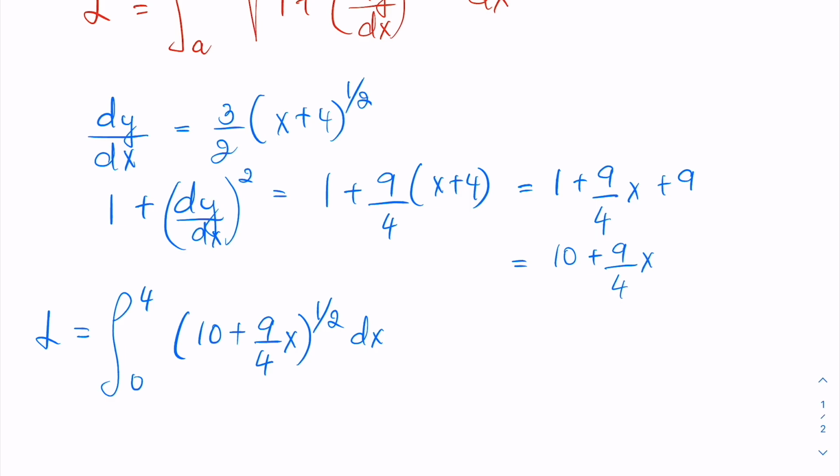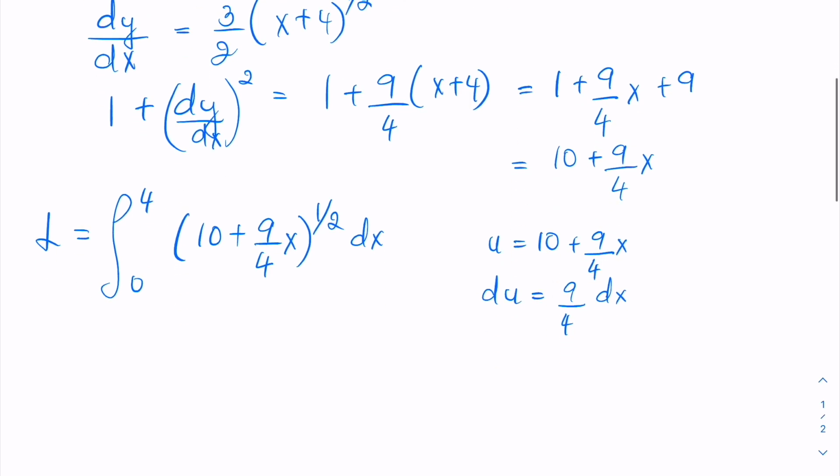So you can see that we have the u substitution here. So u is going to be 10 plus 9 over 4 x. So du is going to be 9 over 4 dx. Okay, so we're going to have to take care of that 9 over 4, so I have to multiply by 4 over 9.